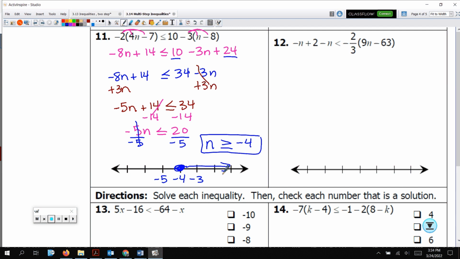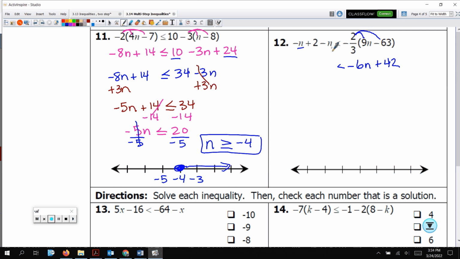Oh gosh, look at this fraction. It's crazy town. Oh my gosh. Let's distribute. Negative 2 thirds times 9 is negative 6n. Negative 2 thirds times negative 63 is positive 42. That doesn't look so bad after all. All right, I bring down my inequality.